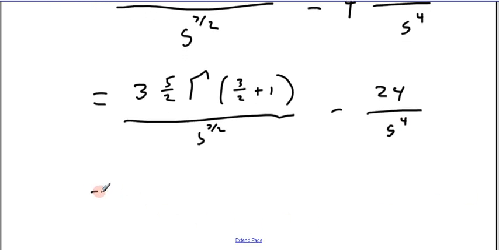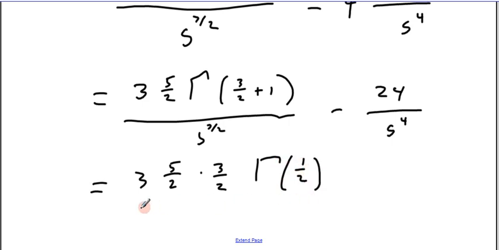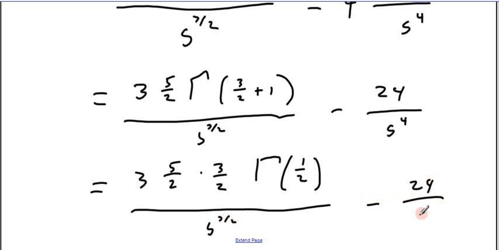Okay, then I've got 3 times 5 over 2 times 3 over 2 gamma function of 1/2 divided by s to the 7 over 2 minus 24 over s to the 4th.